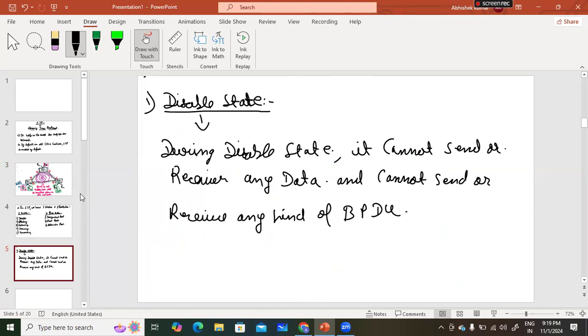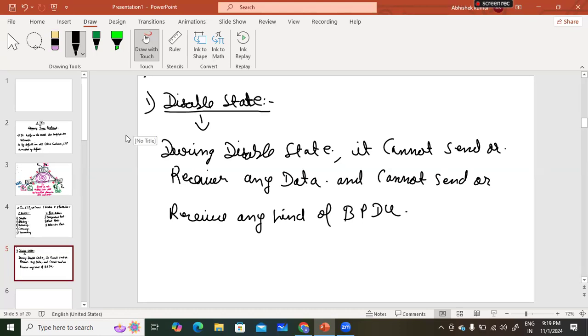Because in order to enable STP, there are two kinds of elections which take place. One is your root bridge election, and another one is your root port election. These 2 types of elections take place only after STP has been performed.